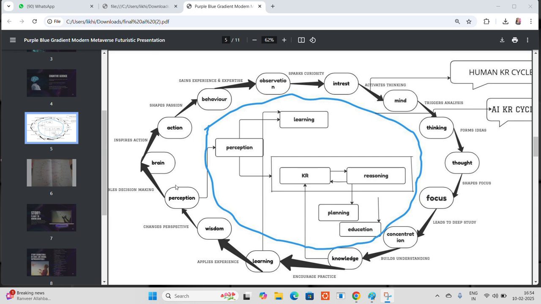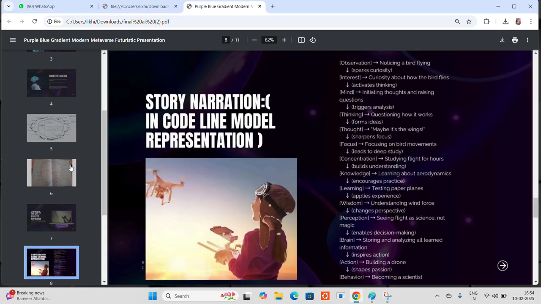Okay, I think you got some idea about the human observation. To understand better, I'll show you. See, whatever I told in the story narration, I gave in the form of a code line model representation so that you can understand better.